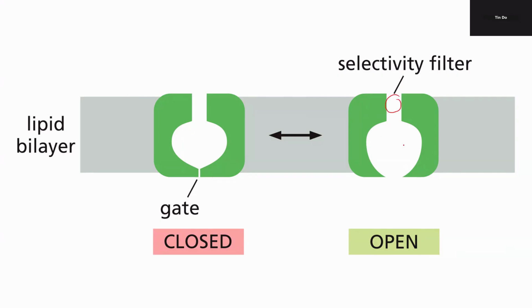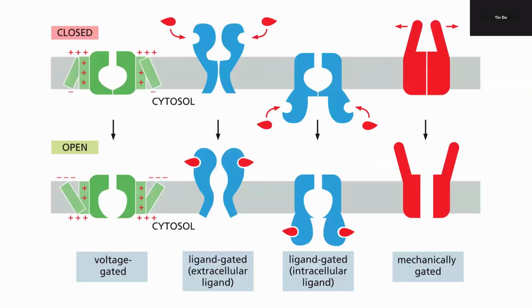There might be a little hole or a little protein tail blocking it. And sometimes, depending on the overall charge of the membrane, it might open or it might close. And that's fine. Okay. So here are some examples of voltage gated, ligand gated, intracellular, extracellular, and mechanically gated.